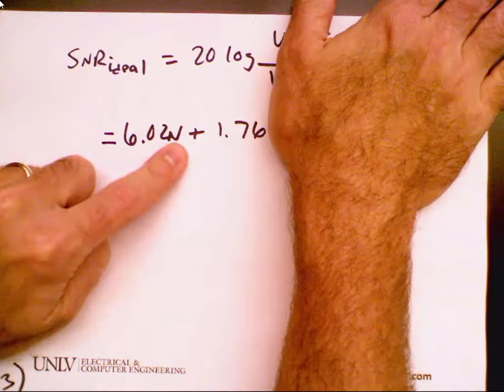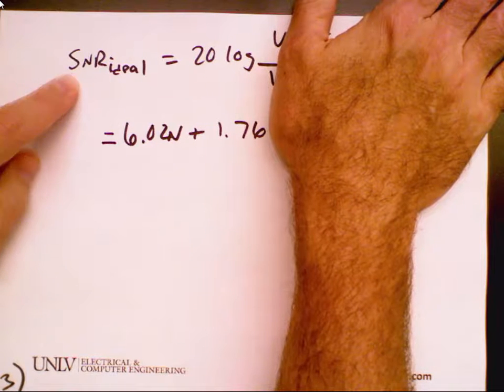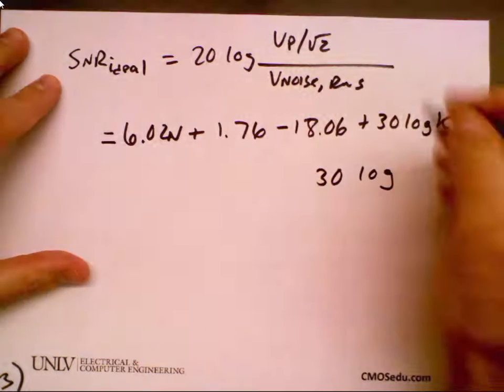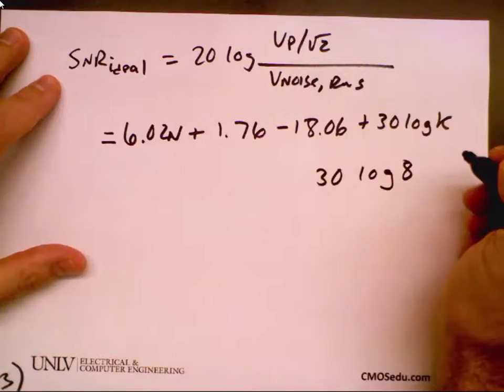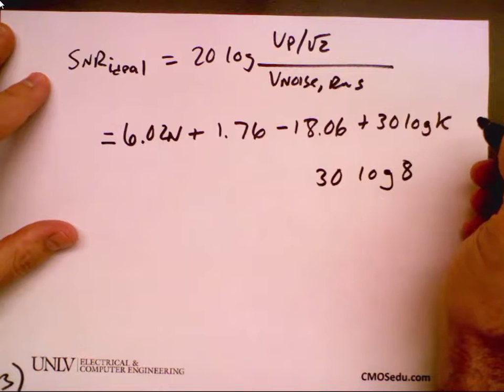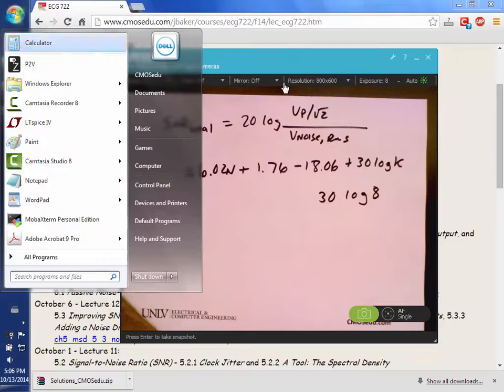If it's 1.5 bits, then my SNR goes up 9 dB. Okay, so if I go over here and I do 30 log of, let's do 8, K is 8, okay? And I ask, all right, what is log of 8?